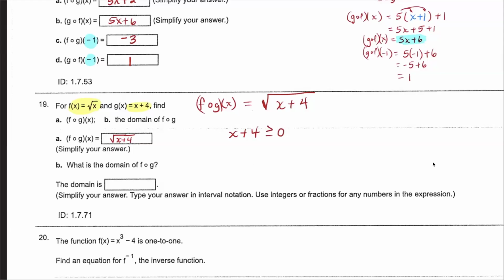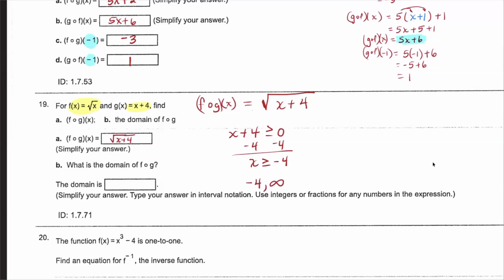And then we solve that inequality. Why must it be greater than or equal to 0? Because that means it must be positive, or equal to 0 because it cannot be negative. So we're trying to figure out what values will make it positive or make it 0. And so we solve this by subtracting 4. So that gives us x is greater than or equal to negative 4, which means on the interval, you're going to be starting at negative 4 and going to infinity.